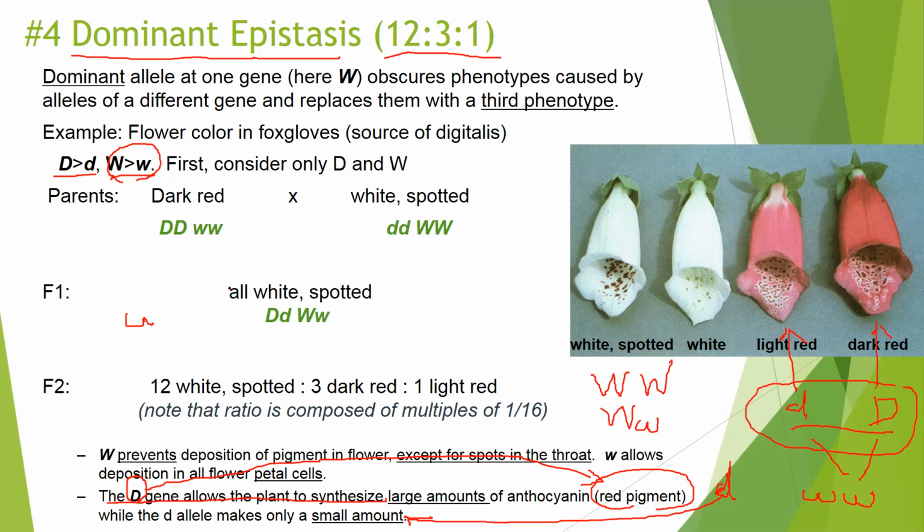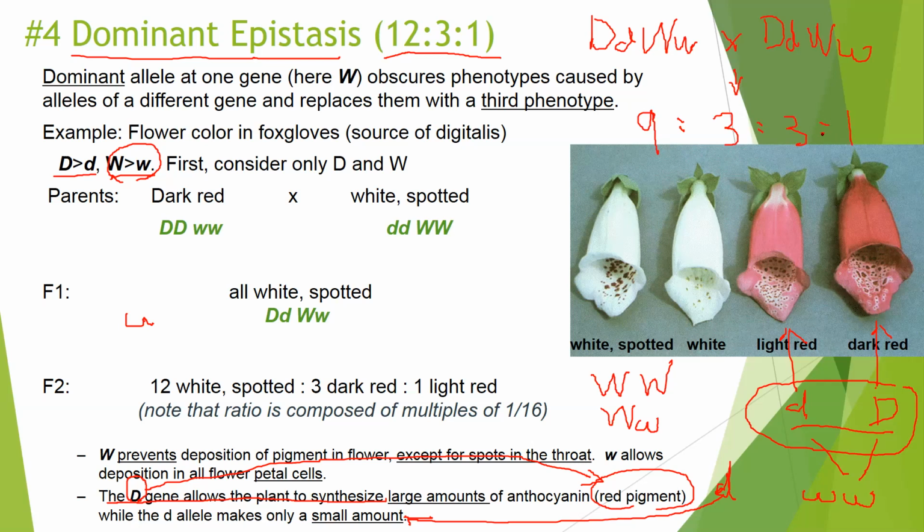So that's why, if we do the dihybrid cross for this example, crossing this one with the same genotype, theoretically we're going to have a 9 to 3 to 3 to 1 ratio.